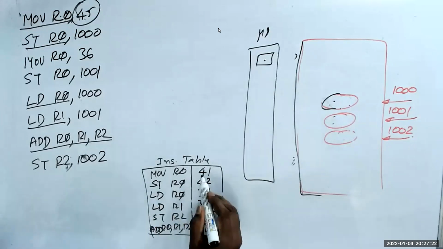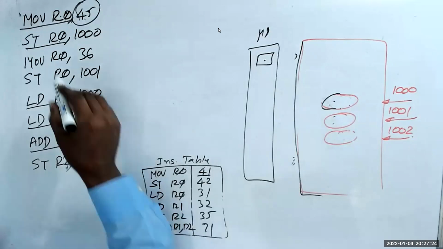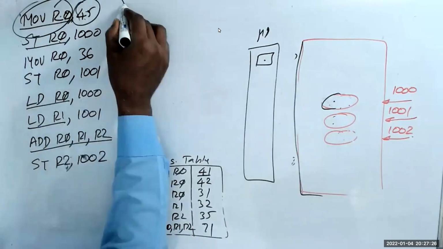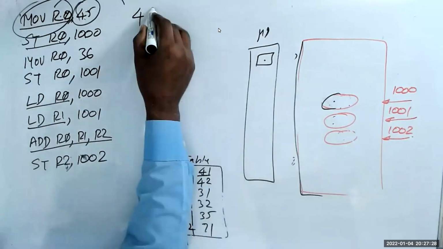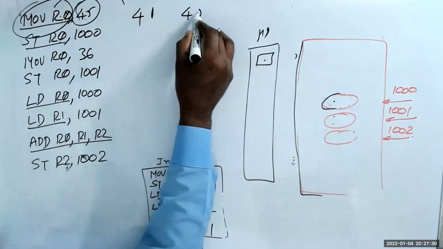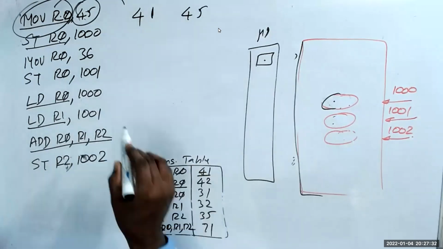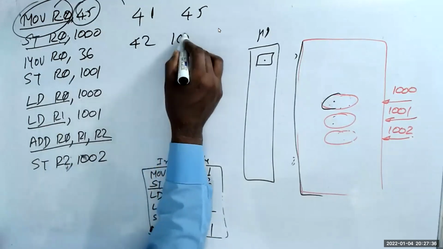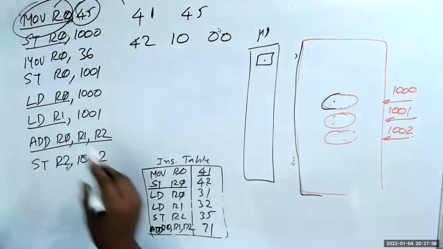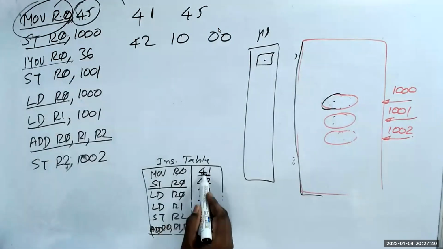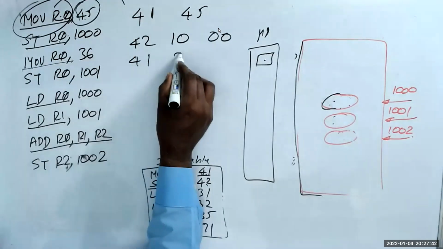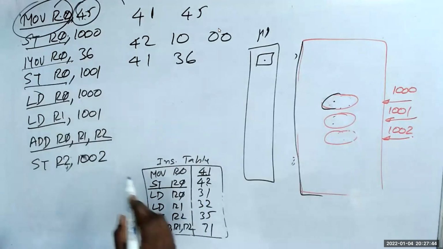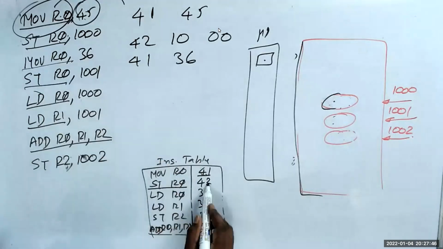Now what I do here, I convert this move R0, 45 into 41 and 45. Store R0, 1000 becomes 42, 1000. Then move R0, 36 becomes 41, 36. Then store R0, 1001 becomes 42, 1001.